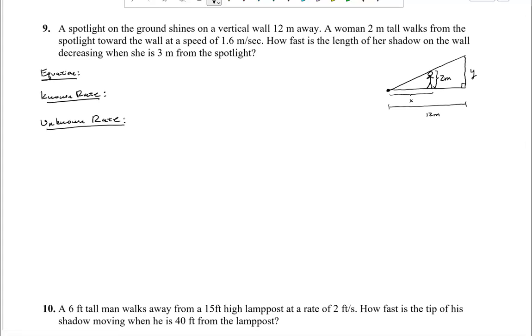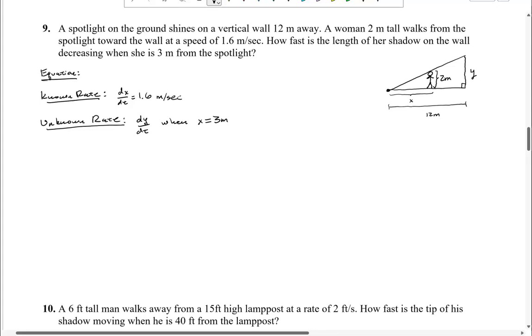So the known rate is the rate at which x is changing, so that'll be a dx/dt equaling 1.6 meters per second. The unknown rate is how fast the length of the shadow is decreasing, so that's going to be dy/dt. And they want us to determine this rate of decrease when x is 3 meters, when the woman is 3 meters away from the spotlight.